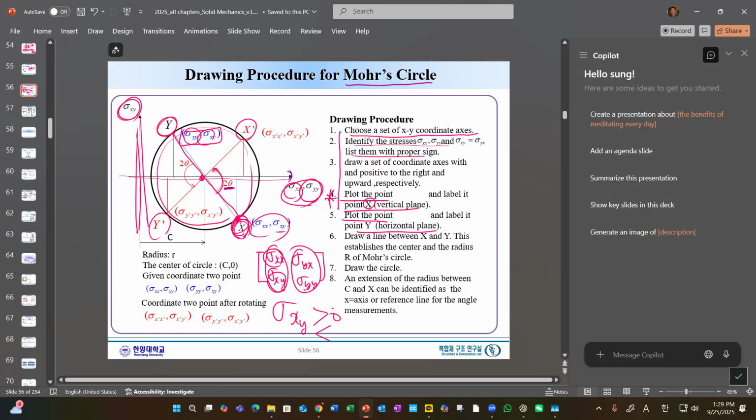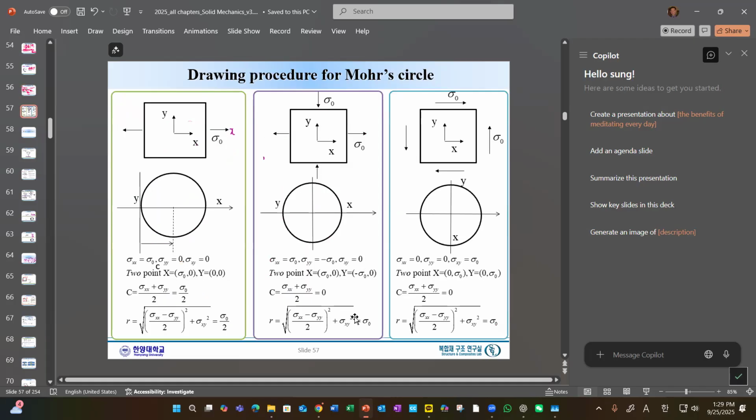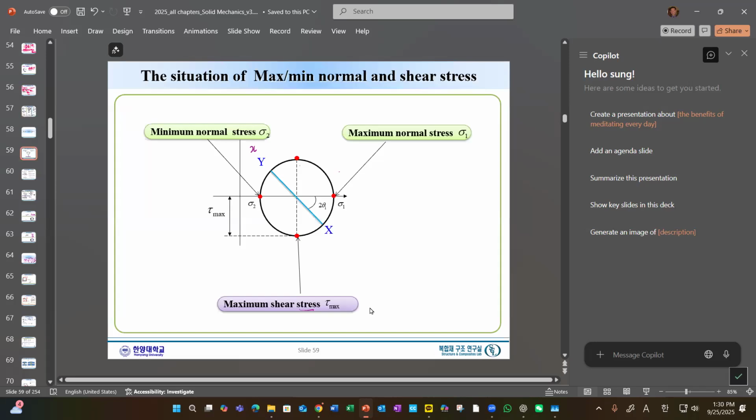So in drawing, if this sigma XY is positive, well, this drawing is slightly different from what we used to have. Let me.